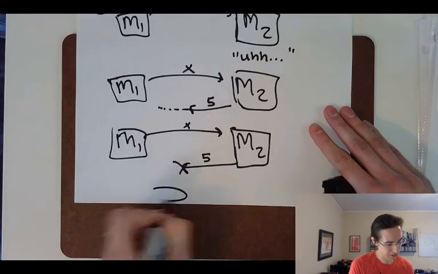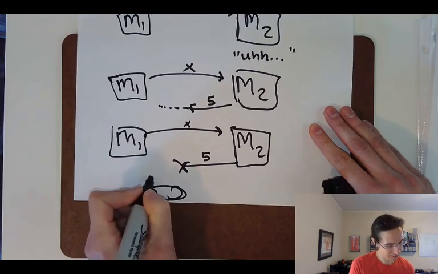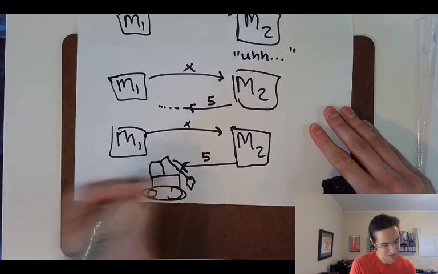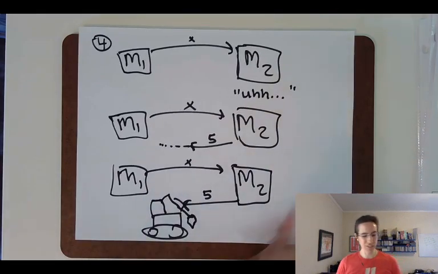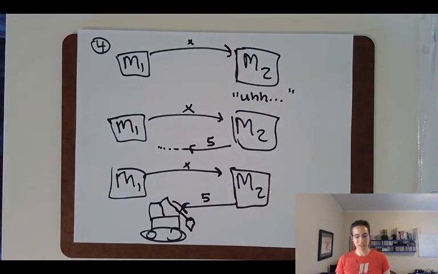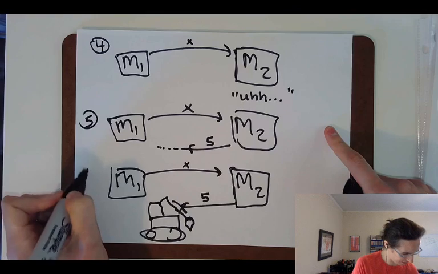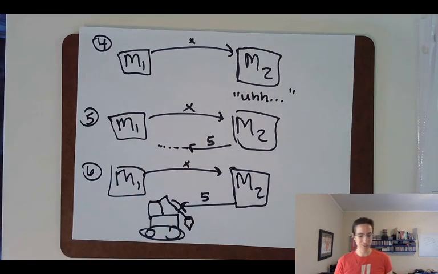So there's like a backhoe here, and it takes out the network cable, and then our message gets lost. So all of these situations are completely different, right? But they all basically look the same from M1's point of view.